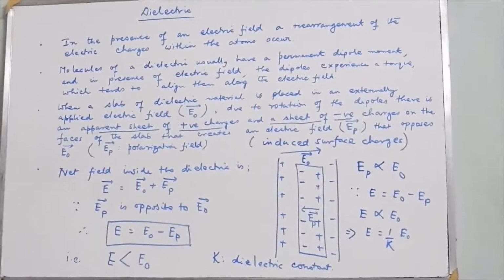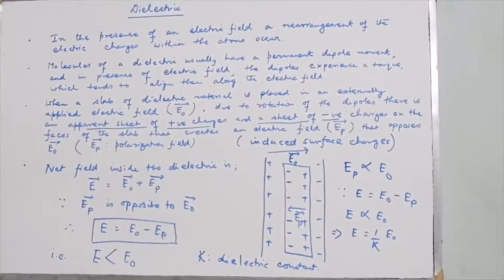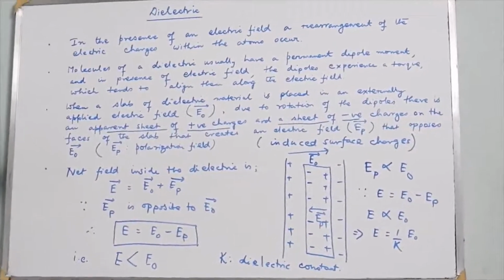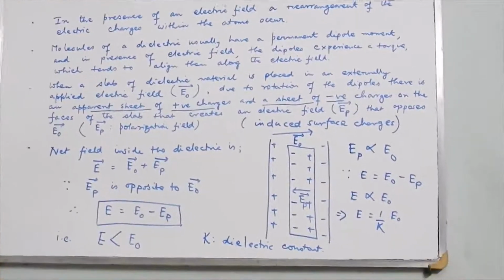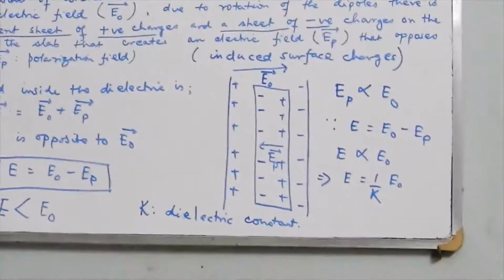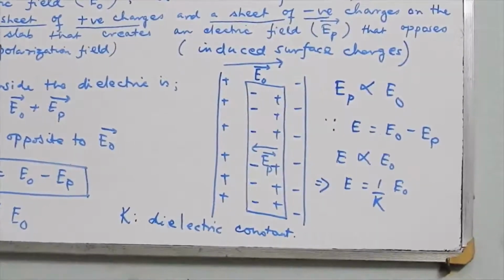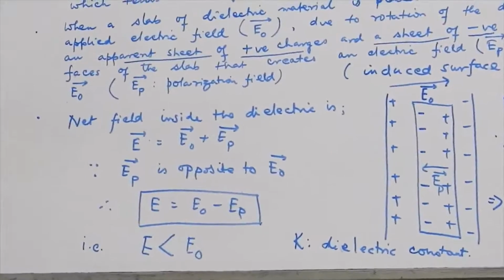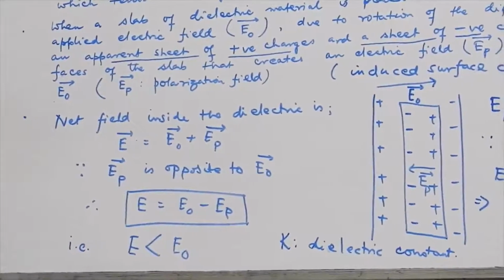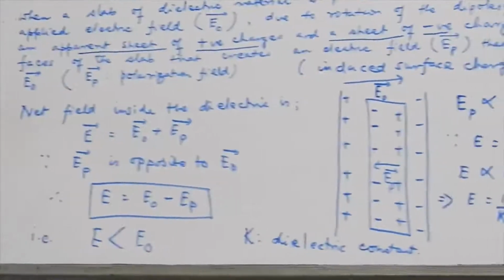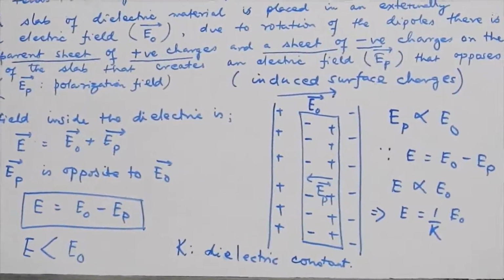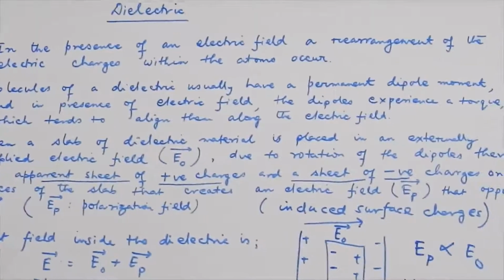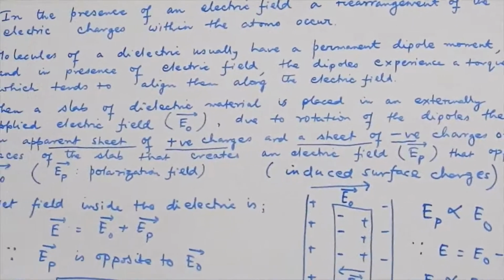So the dipoles or the molecular dipoles, whatever we say, of any dielectric are always in random thermal motion, and this random thermal motion might destroy the alignment of the dipoles, but it is the externally applied electric field which will again try to rearrange or align the dipoles along its own direction.